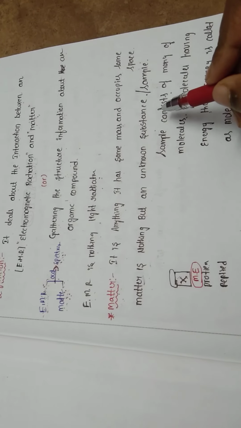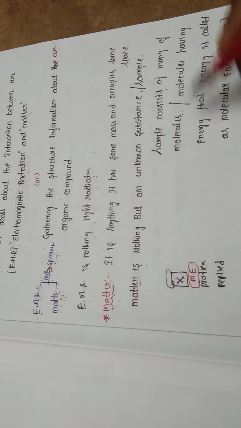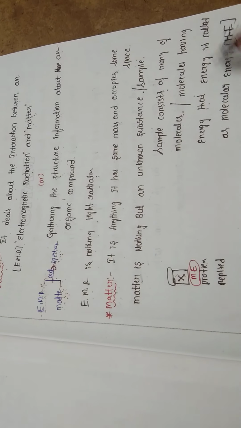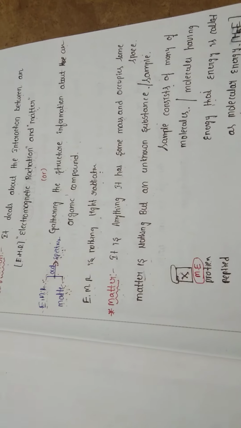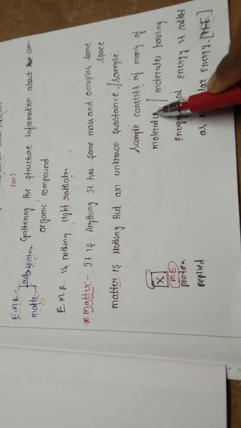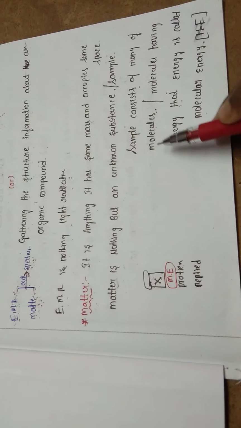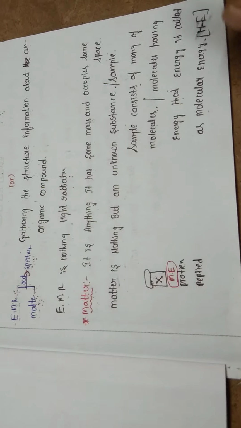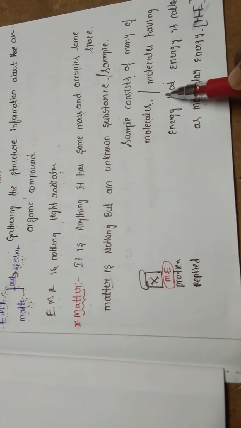If I take an unknown sample, it consists of many molecules, and every molecule has energy. That energy is called molecular energy. The sample consists of many molecules, and the molecules consist of many atoms. Every atom exhibits energy, and every atom is present in a molecule, so that molecule also exhibits energy.